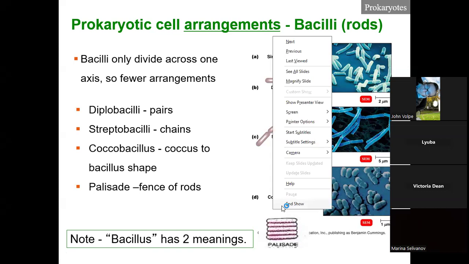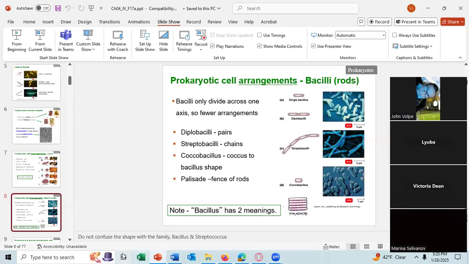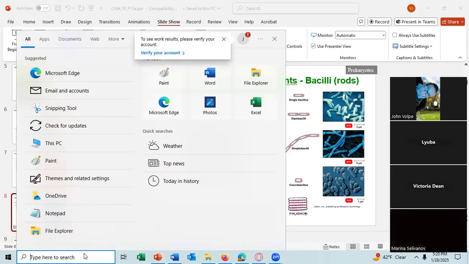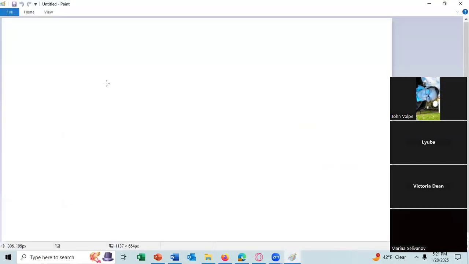Let me stop this. Those of you who are familiar with Tom Sawyer and Huckleberry Finn, those two books, you'll know that Tom Sawyer was painting a fence in the book, and he tried to convince Huckleberry Finn that it was fun painting it so that Huckleberry Finn would do the painting for him.